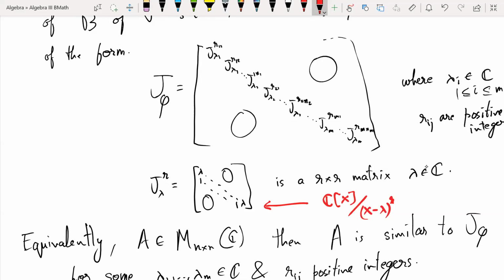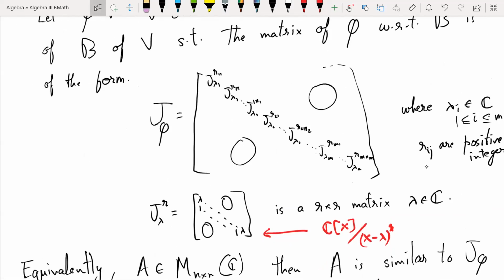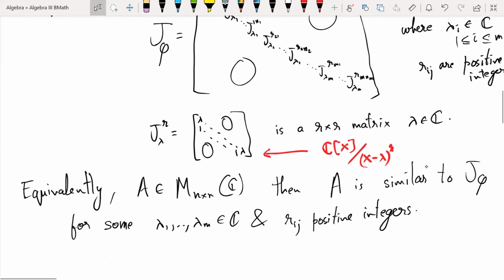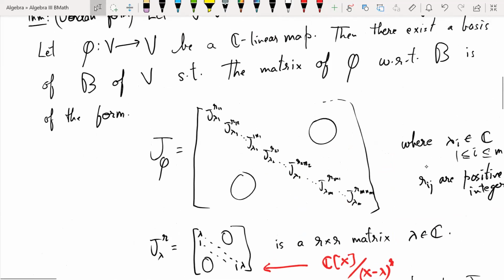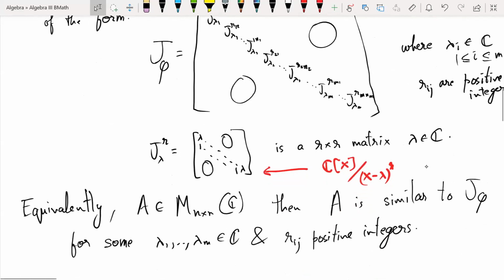So this factor corresponds to saying V is isomorphic to C[x] mod (x minus lambda 1) whole power r11, direct sum C[x] mod (x minus lambda 1) whole power r12, and so on. This is how you can identify V with some other C[x]-module, and on that space, the action of phi is by multiplication by x.